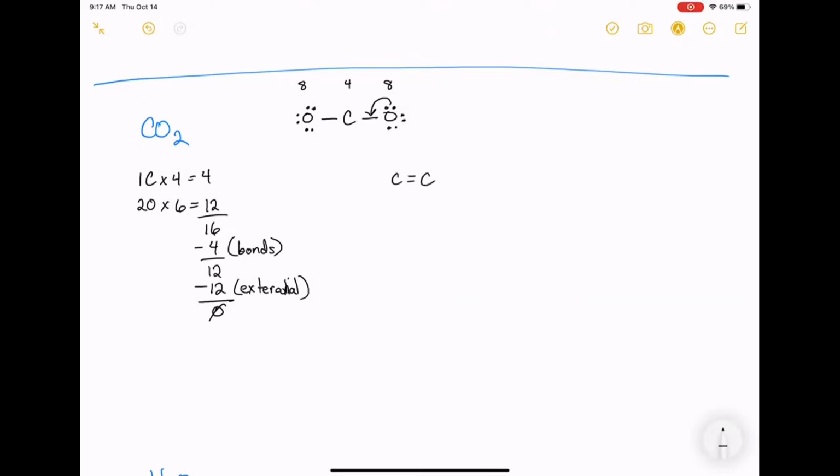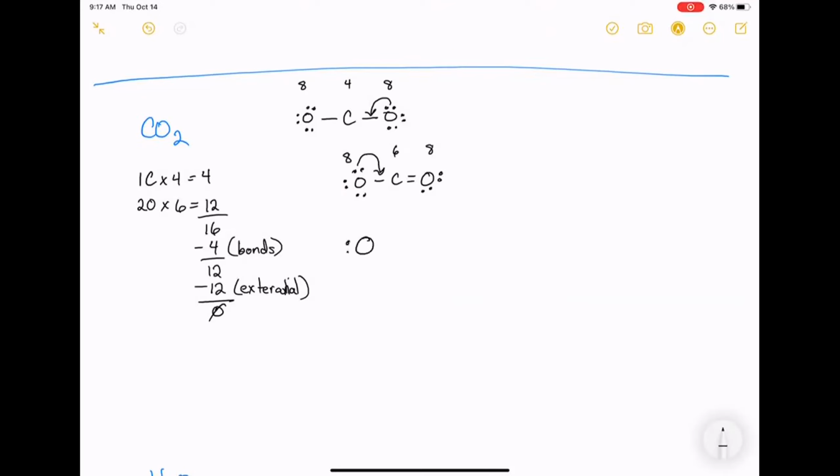And so we bring in a pair of electrons, and when we do so, this structure arises. And now the oxygen on the left still has 8 because we didn't do anything to it. The oxygen on the right has 4 within the lone pairs and 4 within the bonds, so it still has 8. But currently our carbon only has 6 because it has 4 within the bonds on the right and 2 within the bonds on the left. So we have to bring in another pair of electrons, and because chemistry likes symmetry, we're going to bring in the pair of electrons from the left.